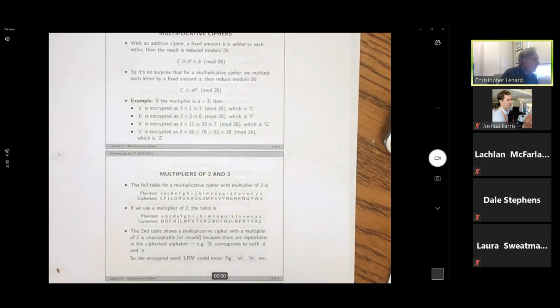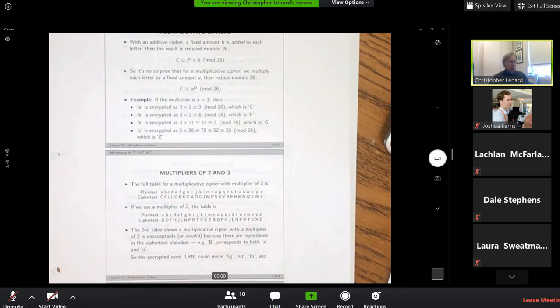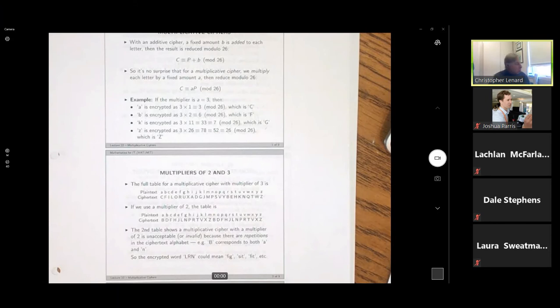So something a little bit the same is happening here. But not all multipliers do the right thing. It's not just that adding 26 is the same as doing nothing, or adding 27 is the same as adding 1. There are some multipliers that simply don't work.